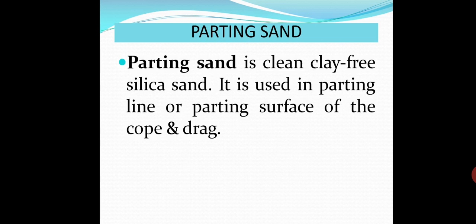Next is parting sand. Parting sand is used at the parting surface or parting line. When we discussed the sand molding method, we described the mold box as two parts, cope and drag. In between these two parts, at the contact area of these two parts, the parting line or parting surface exists.